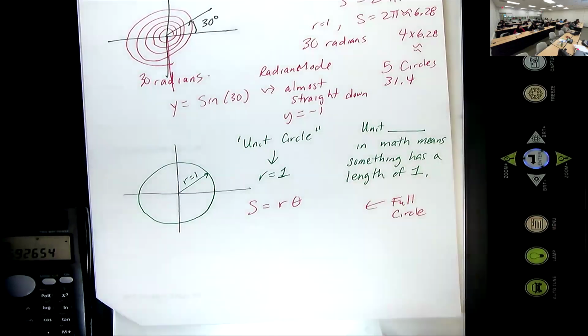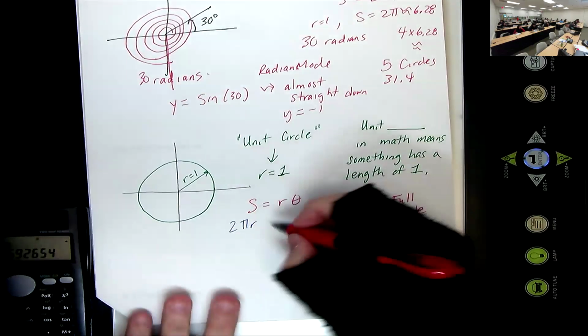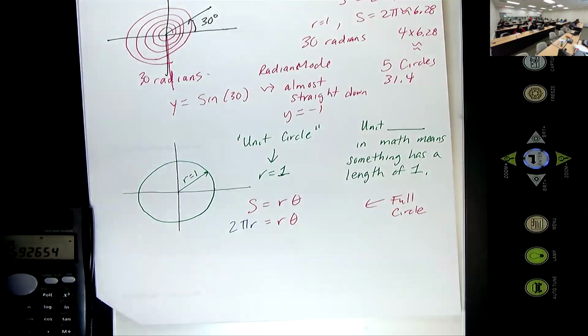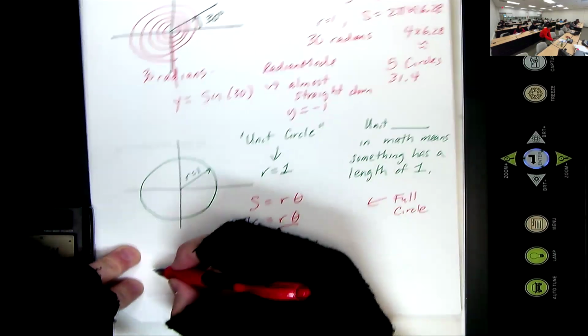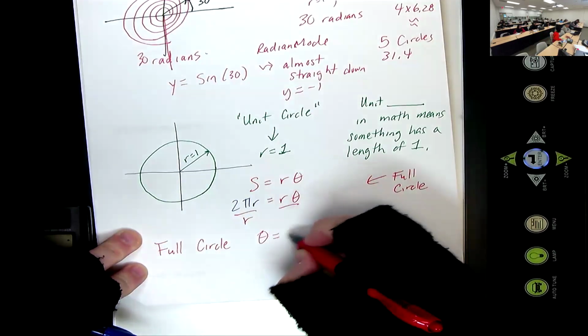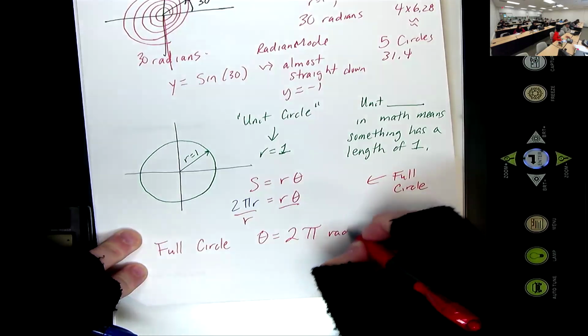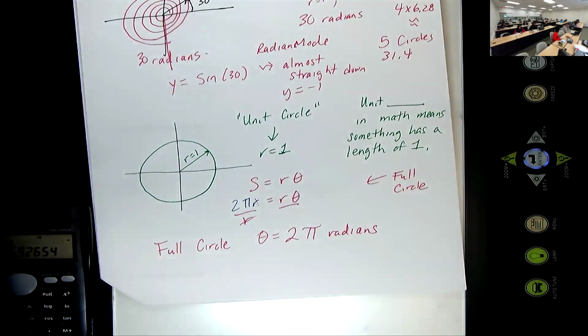For a full circle, S is 2 pi R. If I divide both sides by R, I see that for a full circle, theta is 2 pi radians, because the R's cancel out and we're left with theta equals 2 pi. That's true for any radius circle, interestingly enough.